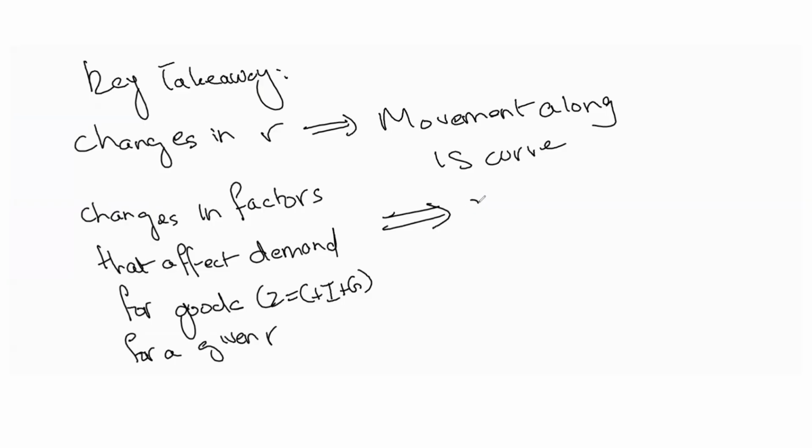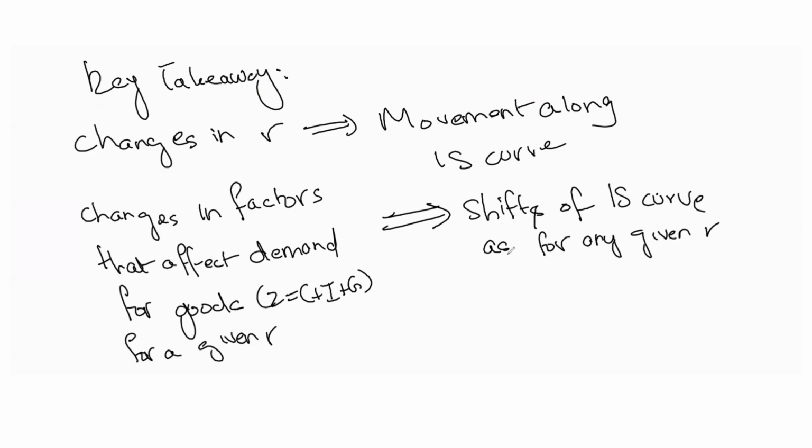So this results in shifts of the IS curve, as for any given R, output in goods market equilibrium changes.